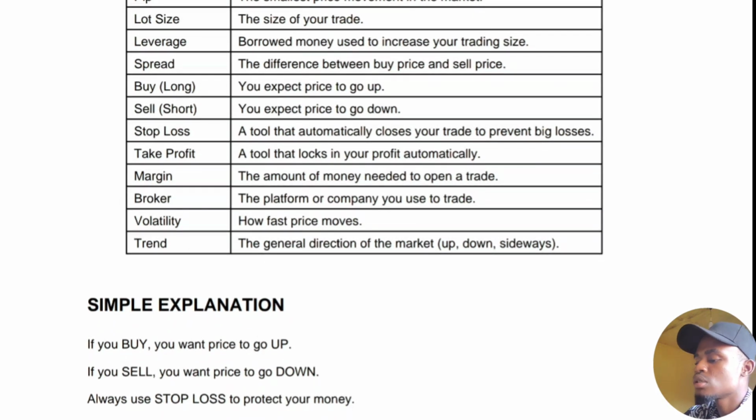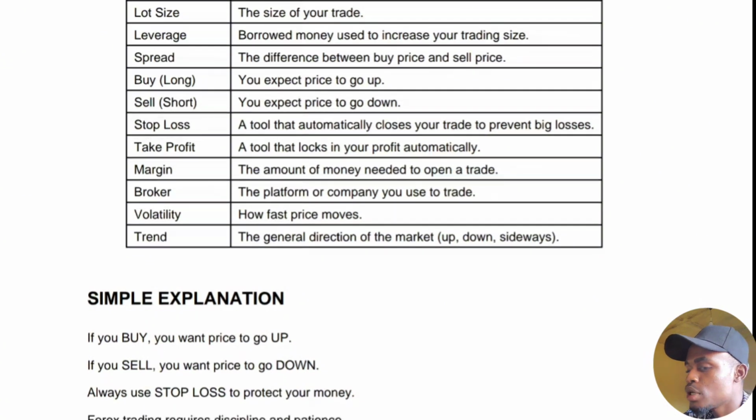Then speaking about volatility in the market, we are talking about how fast price moves. I'll use gold as an example. Maybe most of you might not have known, but gold happens to be one of the most volatile pairs in the market, and it can run up to 500 pips in a day.